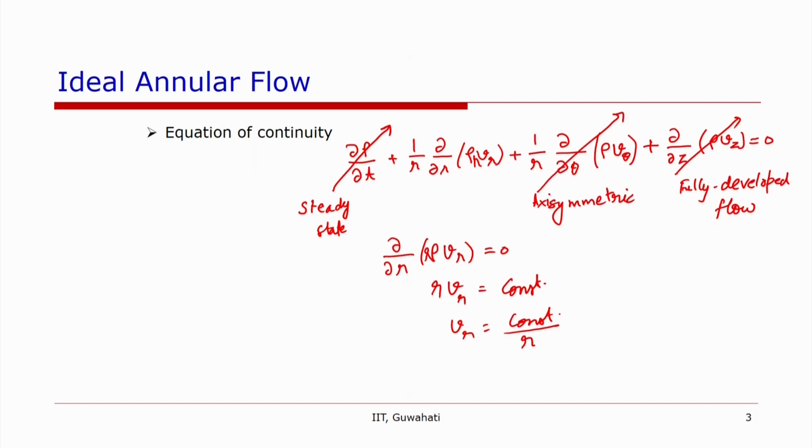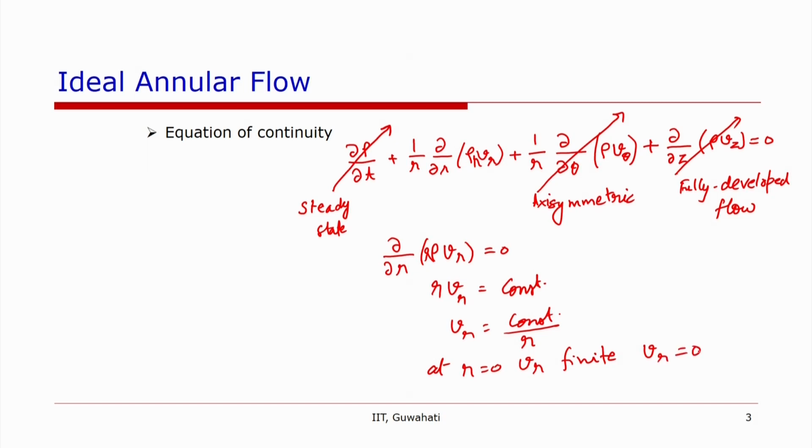So at r is equal to 0, Vr is finite, so the constant will be 0.